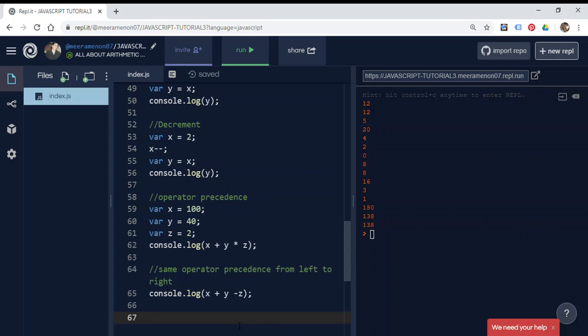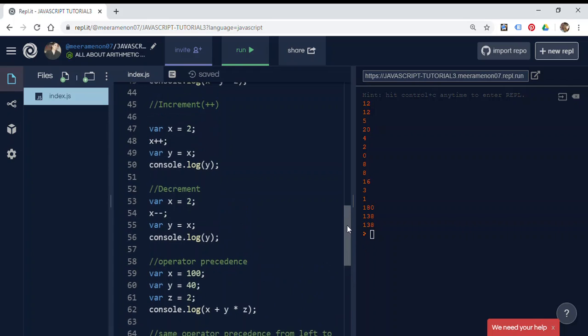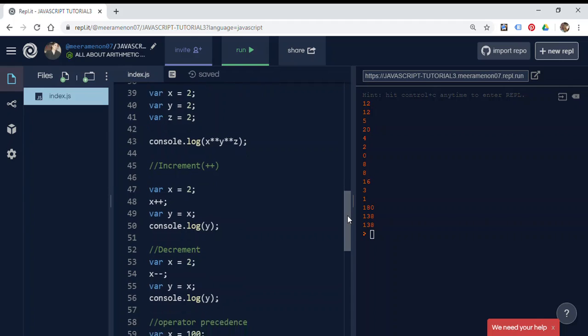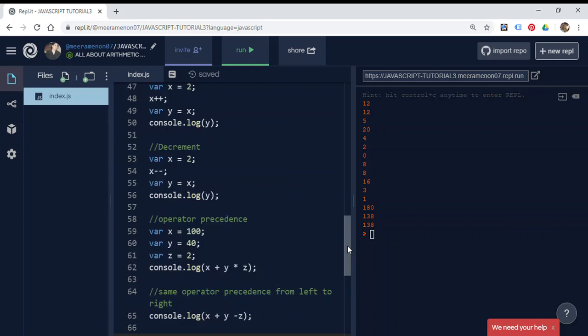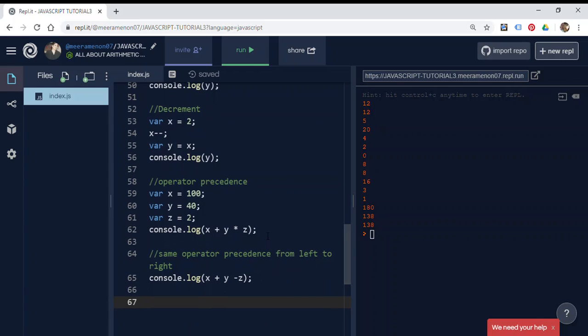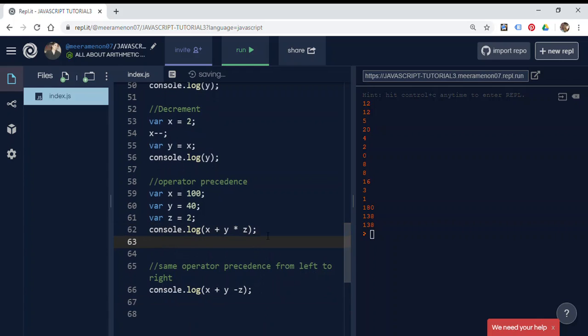Like the earlier one, for example, where you have plus and multiplication. Here it was addition taking place last, multiplication first. You can beat that rule.